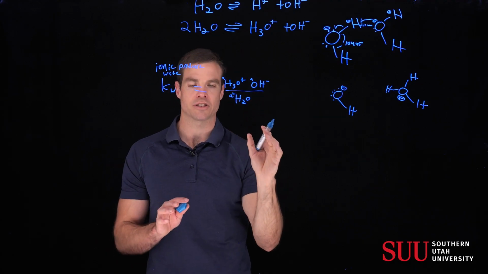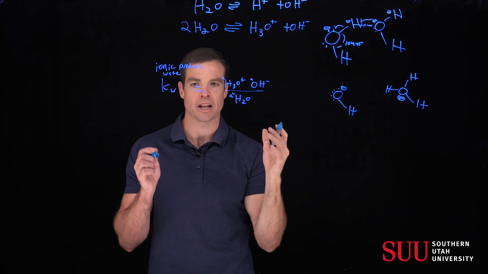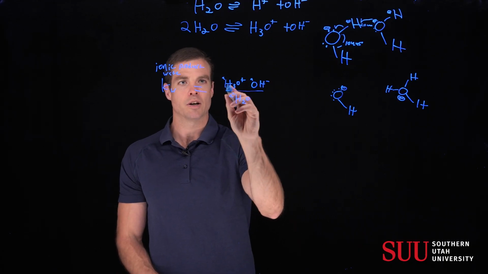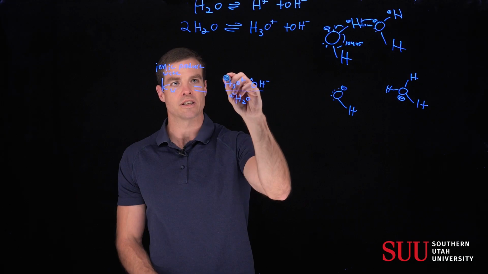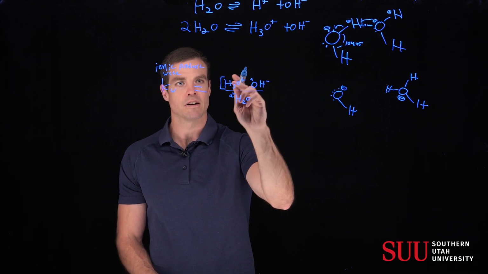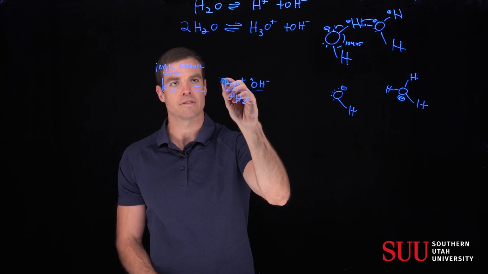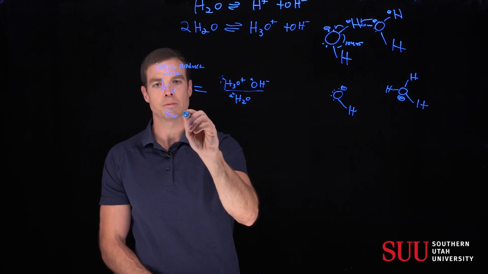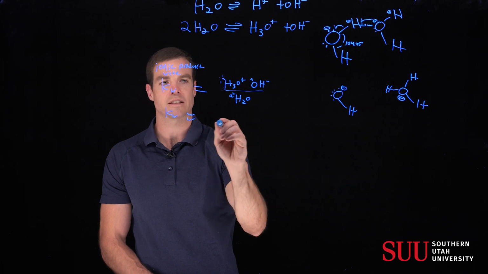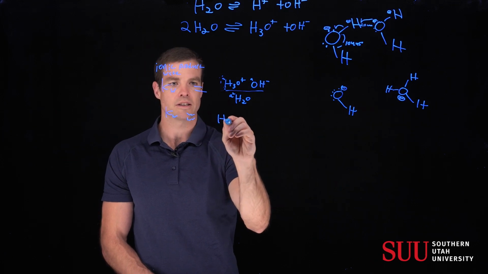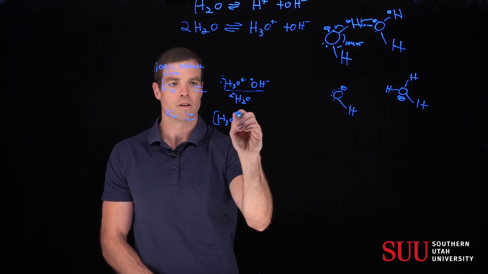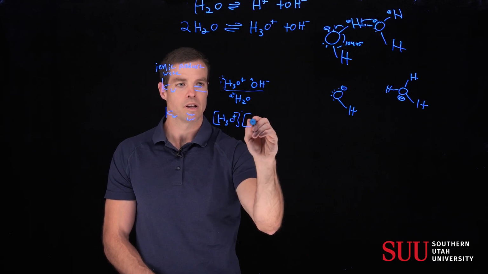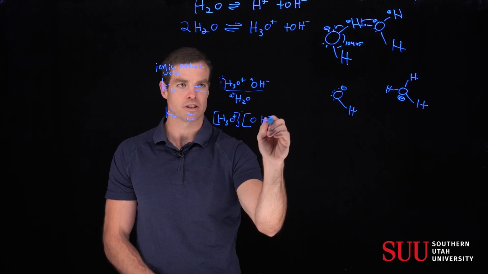Now, we can simplify this, and instead of using activities, we can just use the concentrations, because in dilute water it's pretty much the same thing. So Kw is basically equal to your H3O plus concentration times your OH minus concentration.